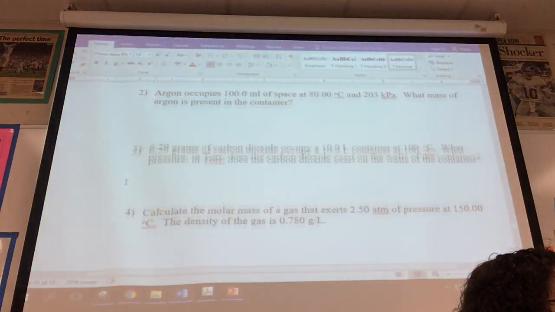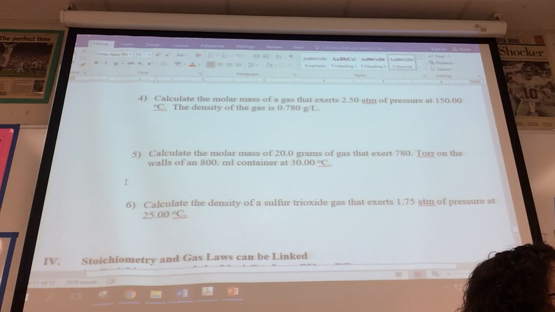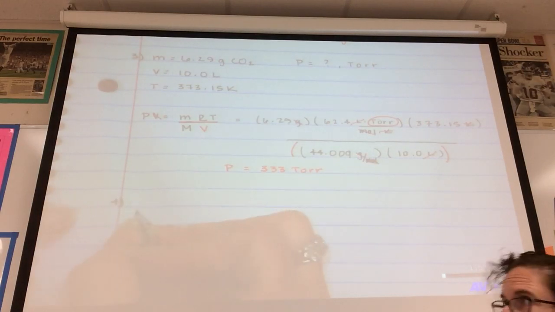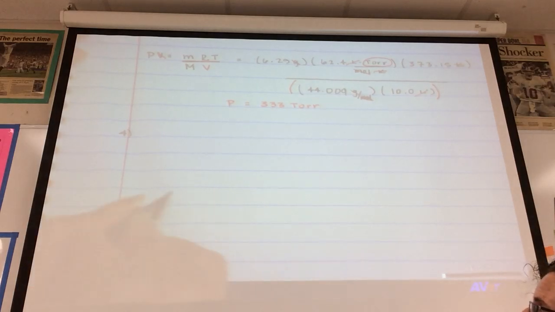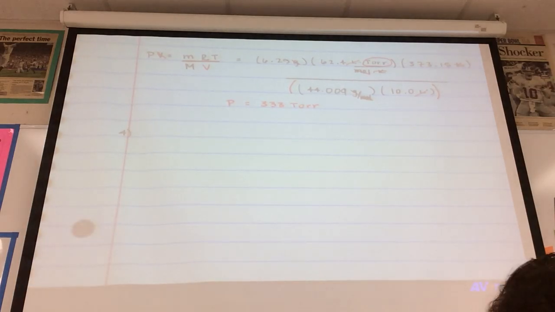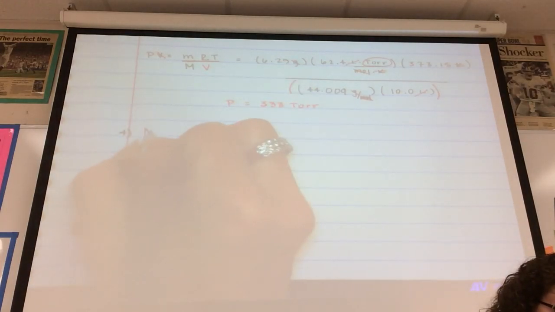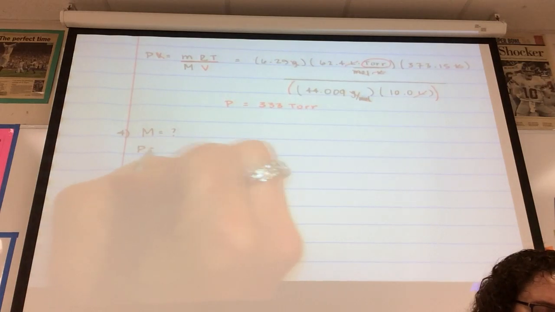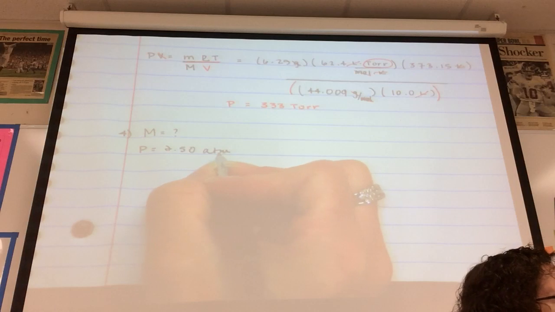Number 4 says, it's at the top of the screen, calculate the molar mass. No, let's do 4 together. On number 4, because this has density in it, let's do this one together and the next 2 you can try. It says, calculate the molar mass of a gas that exerts 2.50 atmospheres of pressure.